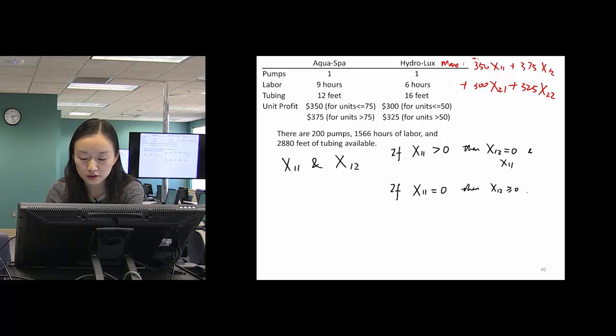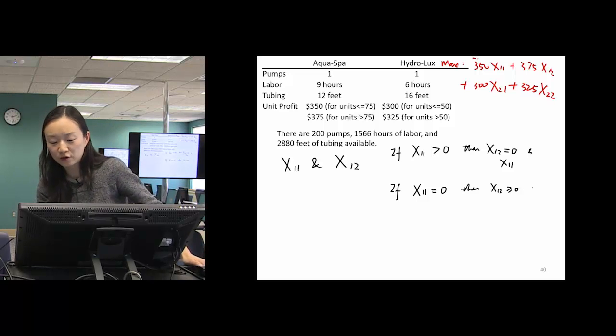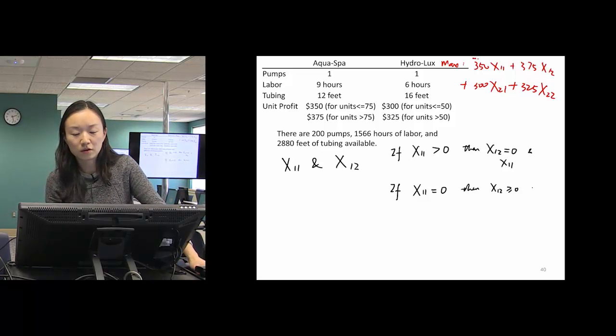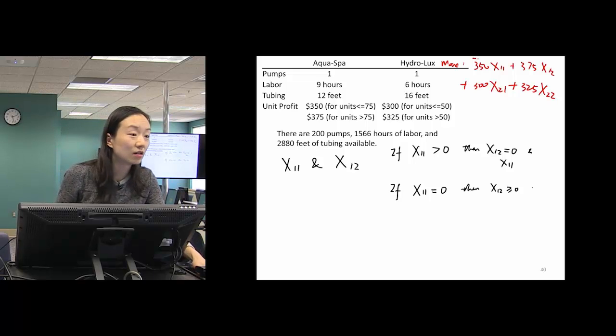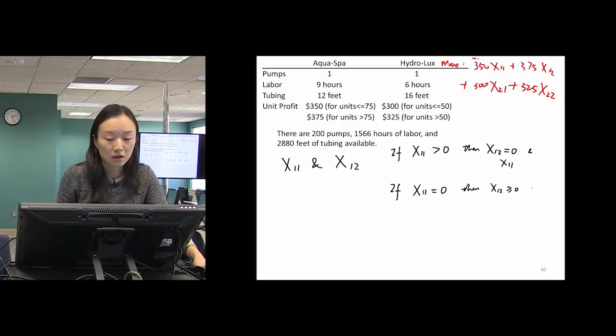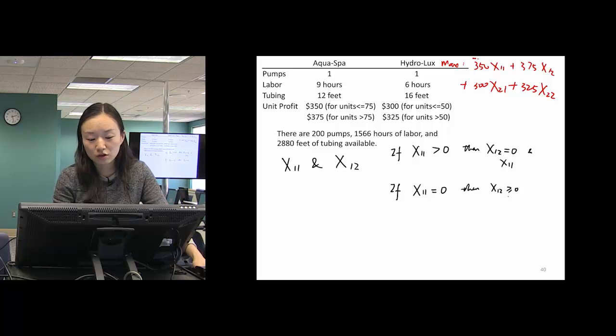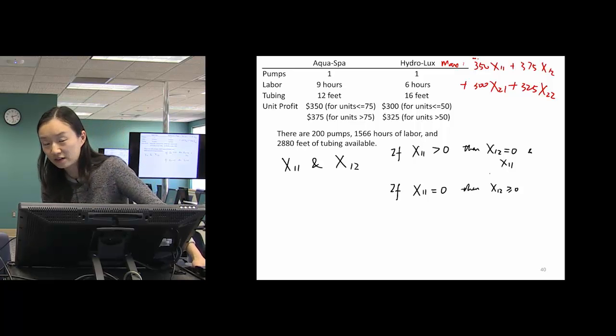But what happens if x12 is greater than 0? Remember what x12 is? x12 is the quantity of equals bars if you produce more than 75.